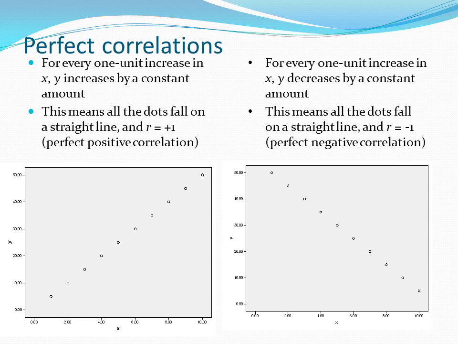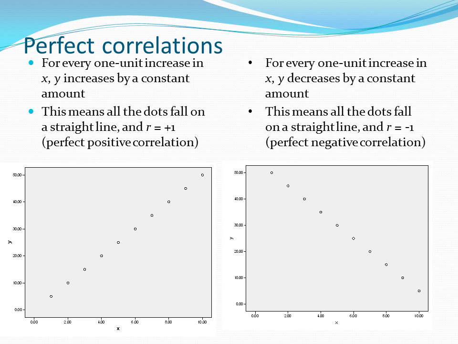So this means that all the dots are going to fall on a straight line, and our Pearson's, remember, Pearson's product moment correlation is represented by that small letter r, is equal to a positive 1. And a positive 1 meaning a perfect positive correlation.